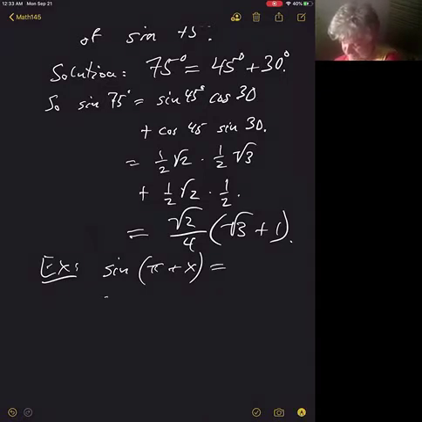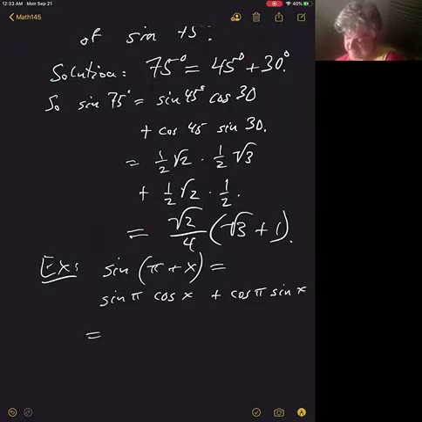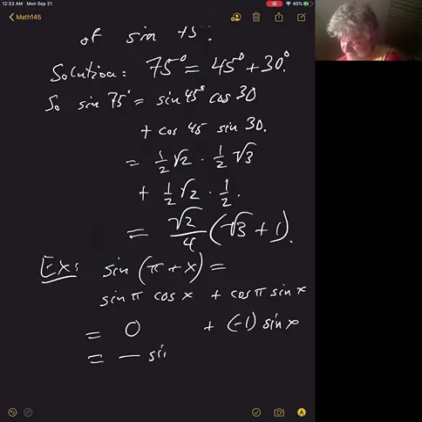So this is sine of pi cosine of x plus cosine of pi sine of x. And the sine of pi is 0, and the cosine of pi is -1. So the end result is negative sine of x.